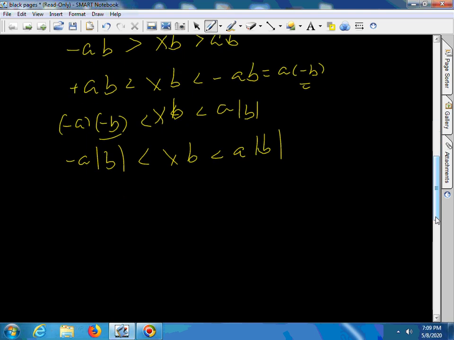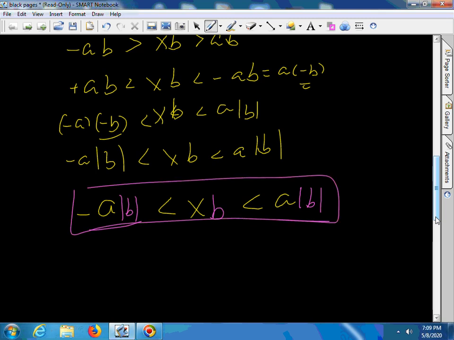Okay, again, if you have negative a is less than x is less than a, you can multiply the middle by any number you want, including a negative number, as long as you put the absolute values on the outer ones. This is still true. I know it is. I proved it.